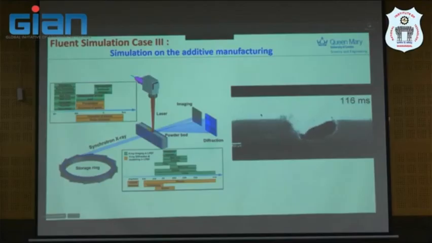And because of the surface tension, the liquid always looks like a ball, I think.